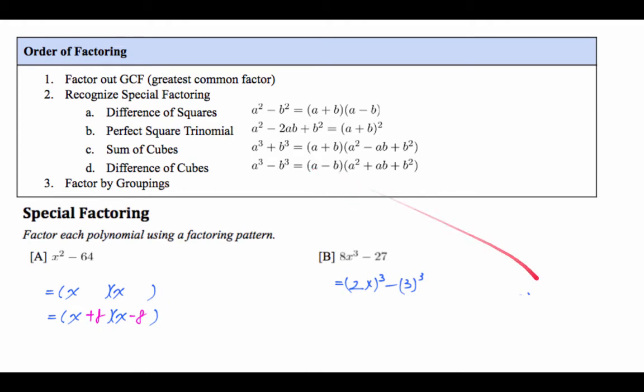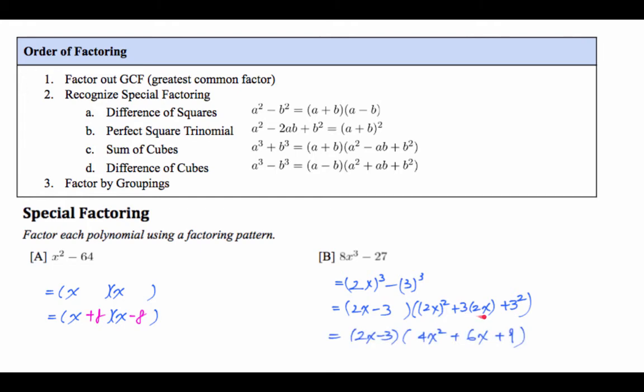Anytime you see b, we plug in 3. When you go through the process, this is what you end up with. So (2x) squared is 4x squared, and 3 times 2x is 6x. 3 squared is 9. We may need some more practice on cubics because traditionally students have found this difficult, but I think with a little bit of practice, we should be all right.